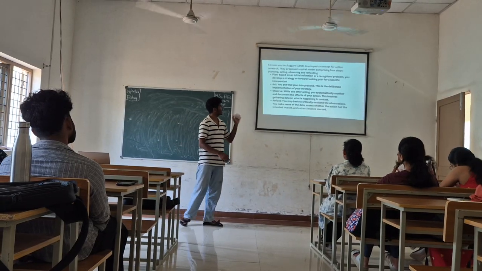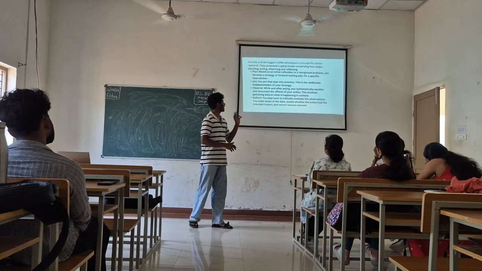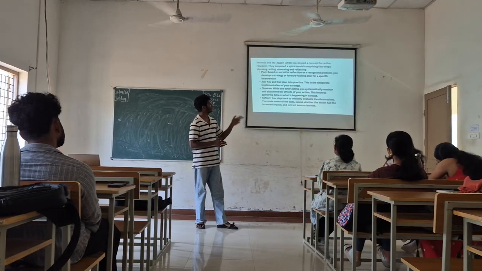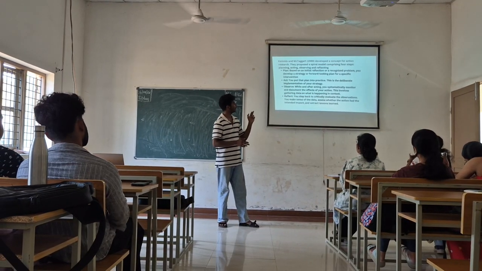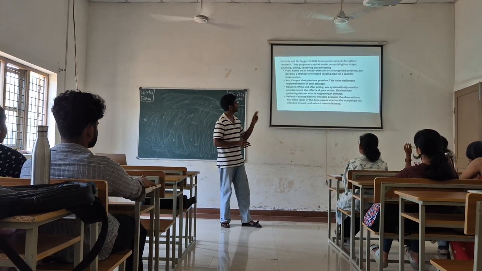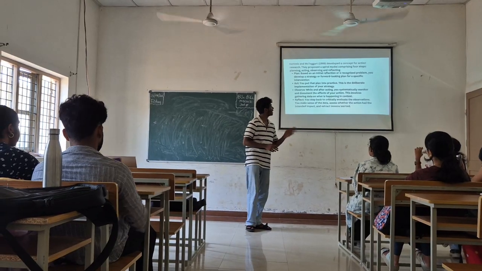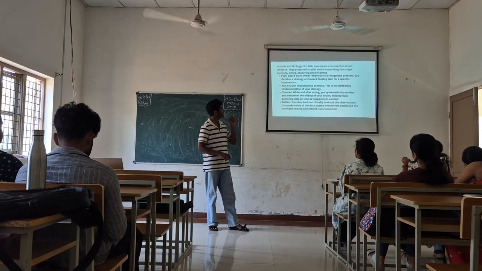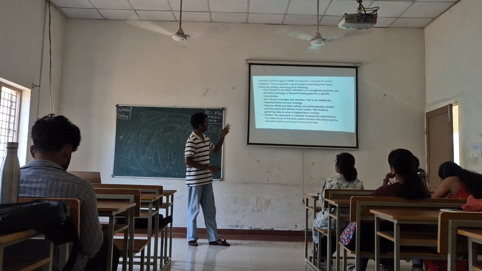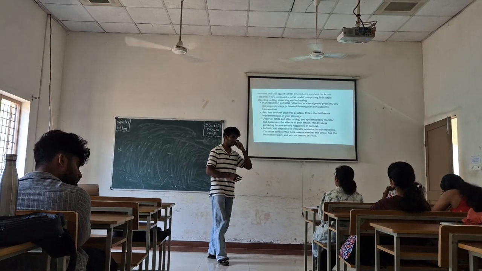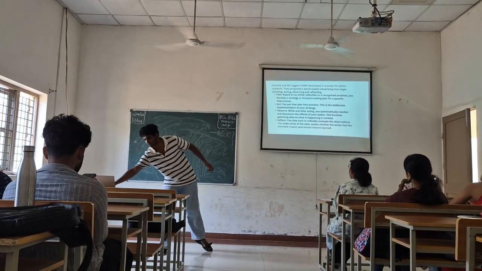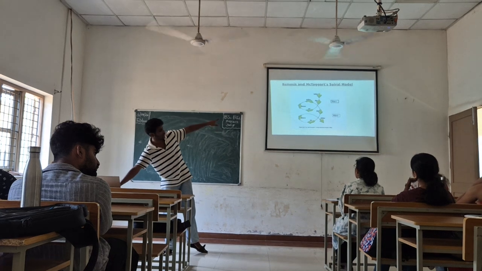Kemmis and McTaggart developed the concept of action research, and they proposed a spiral model comprising 4 steps, which are planning, acting, observing, and reflecting. The first one is plan. In the picture we can see that before plan there is a reflect, right?